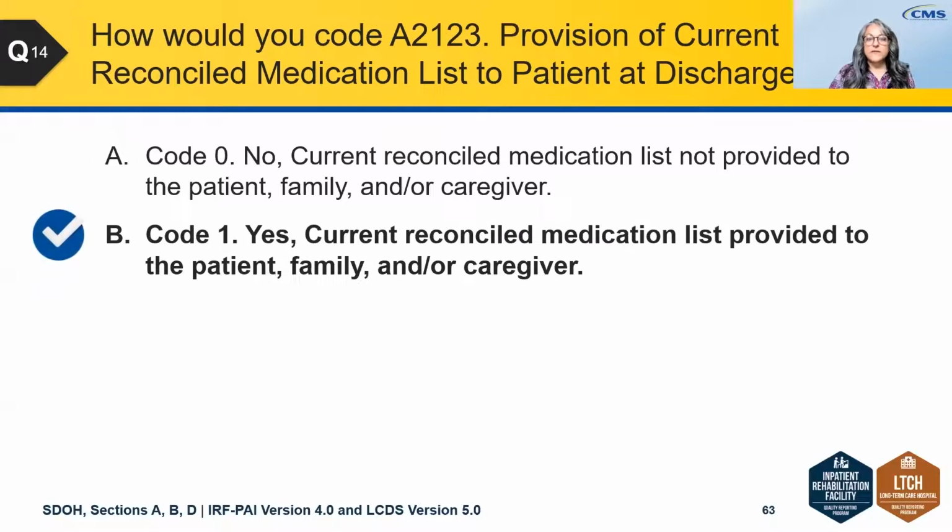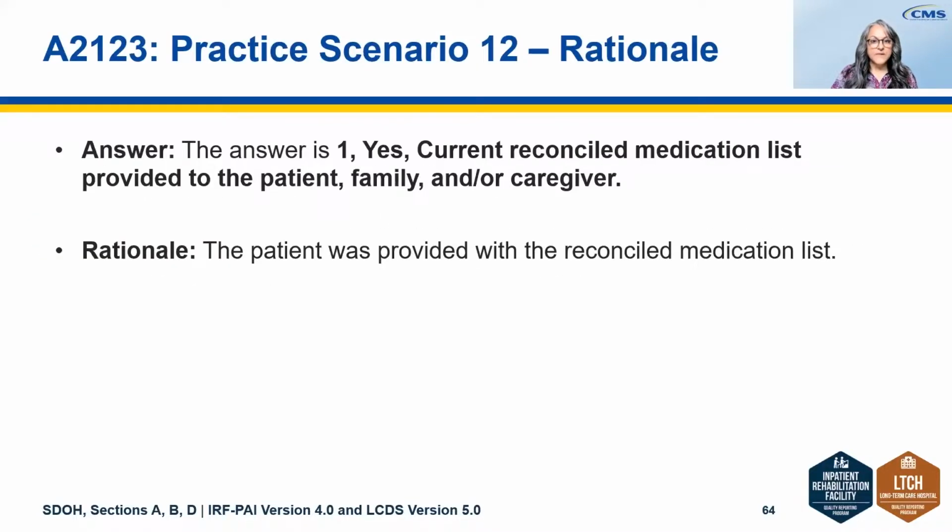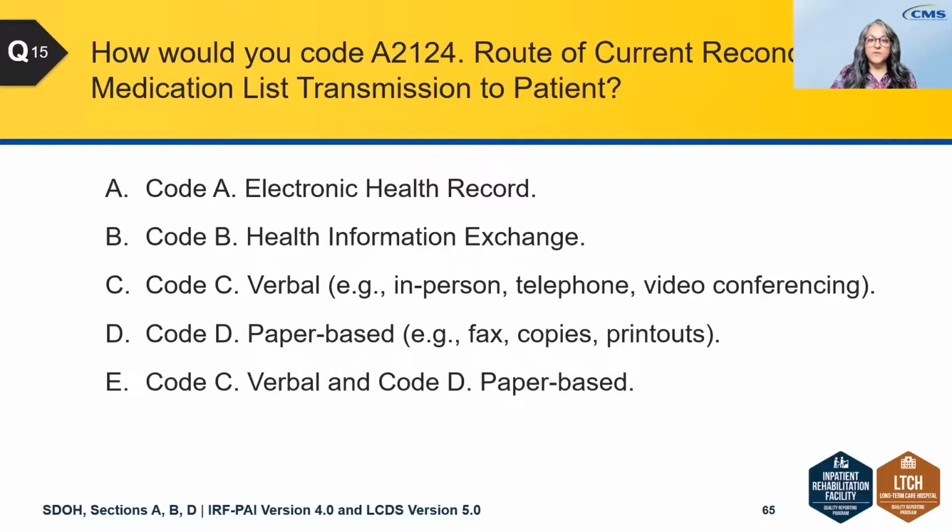So the correct response is B, code 1, yes. Current reconciled medication list provided to the patient, family, and or caregiver. And we have 99% of folks answering that one correctly. And so the rationale is, of course, that the patient was provided with the reconciled medication list. Now let's look at how you would code A2124, which is the root of the current reconciled medication list transmission to the patient.